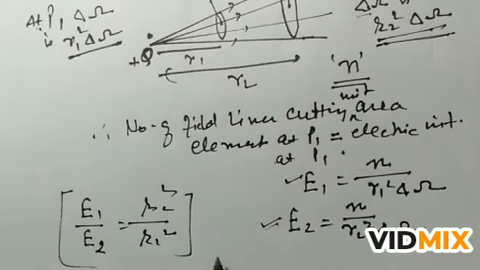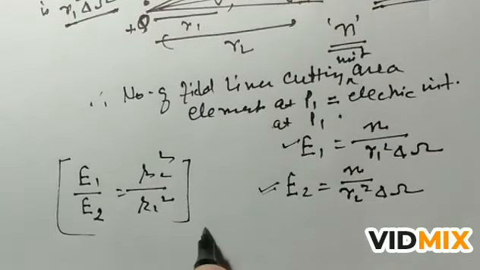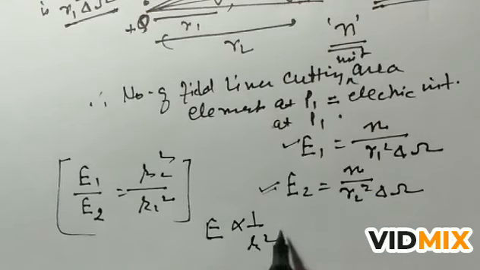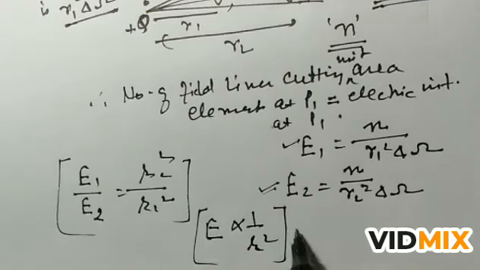That is, E is proportional to 1 upon R square. Means electric field intensity is more near the charge and vice versa.